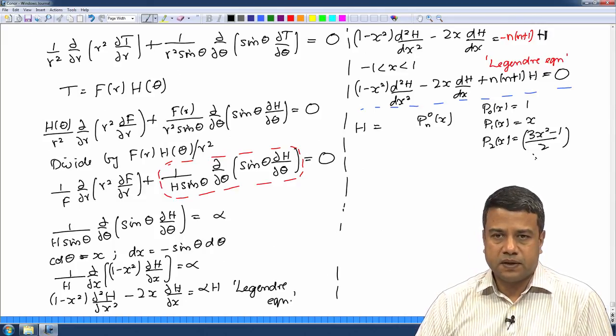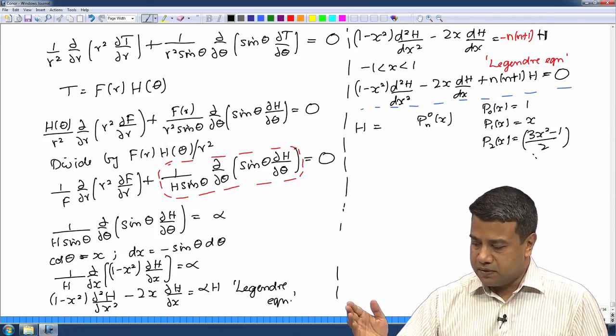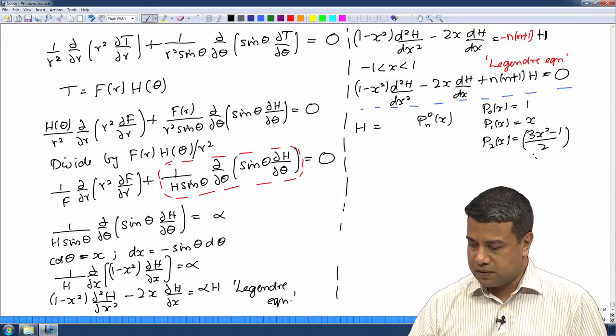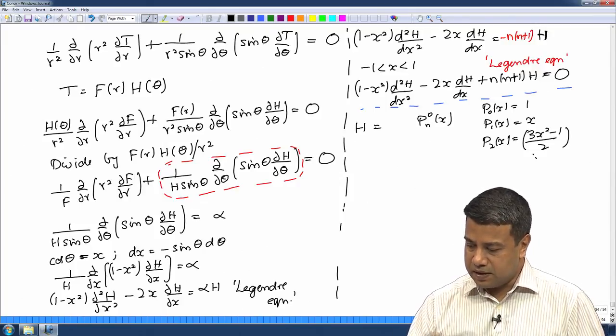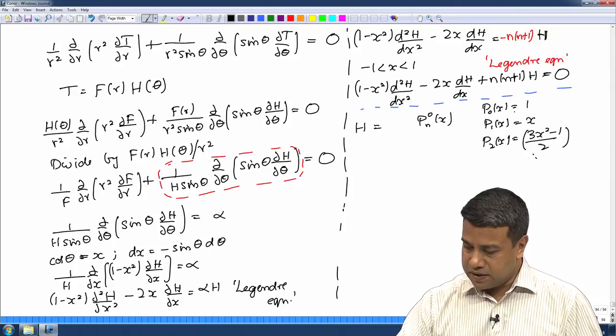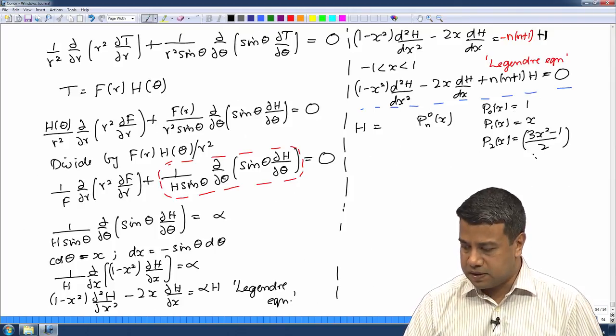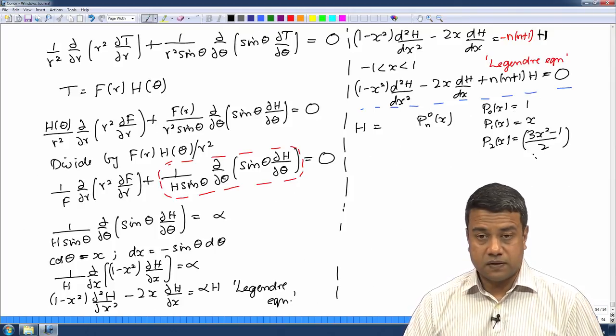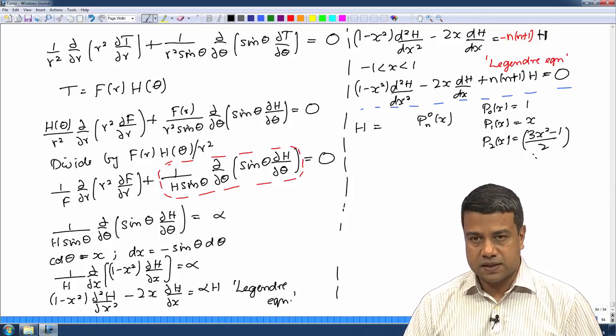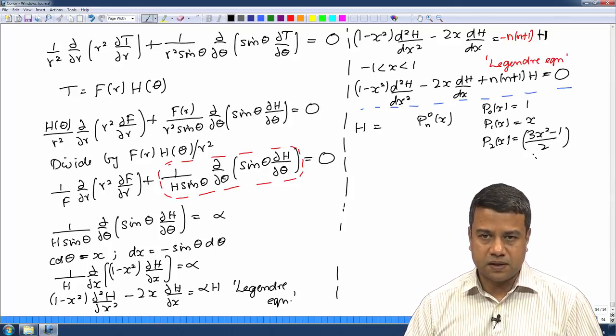So, you can get the solution, substitute the value of n, put it 0, get one solution. You can see when n is equal to 0, P 0 of x equal to 1 identically satisfies the equation. For n equal to 1, of course, you have to solve this and you will find that the solution is x, n equal to 2, the solution is x square and so on.